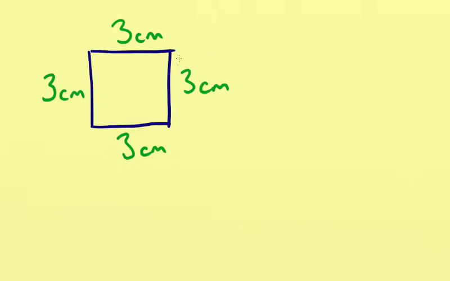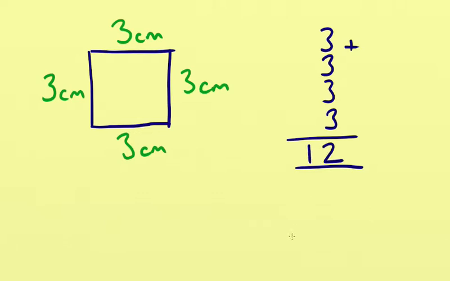It's going to be the length around the outside edge of a shape, so we've got 1, 2, 3, 4 sides at 3 centimeters. So there's a couple of different ways you can do it. You're going to want 3, add 3, add 3, add 3. So that gives you 3, 6, 9, 12 centimeters.